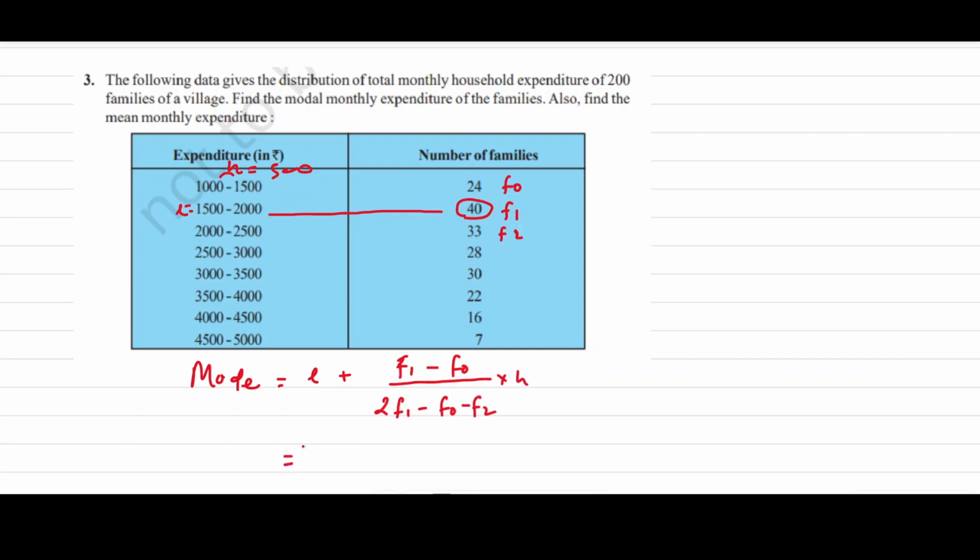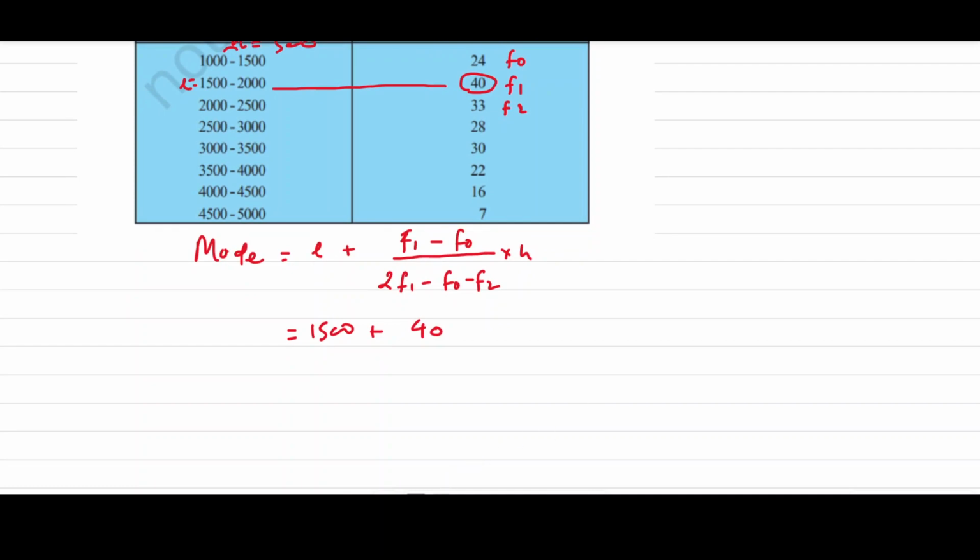So L is 1500 plus, F1 is 40, F0 will be 24, so 2 into 40 minus 24 minus 33, into 500.